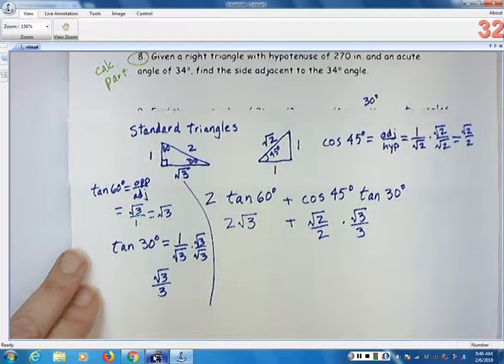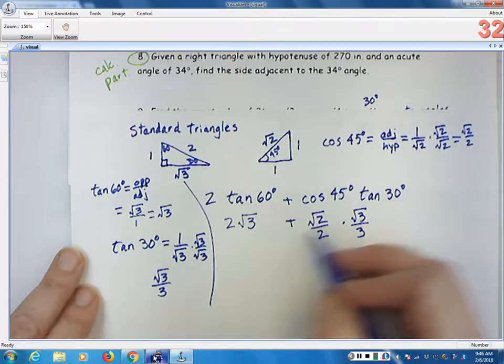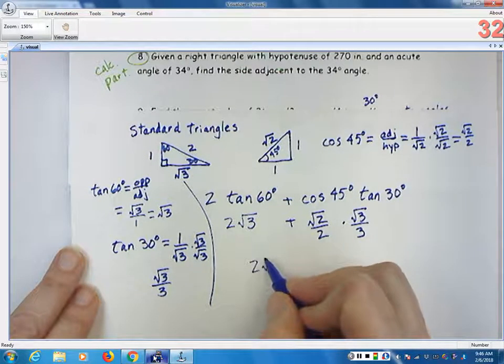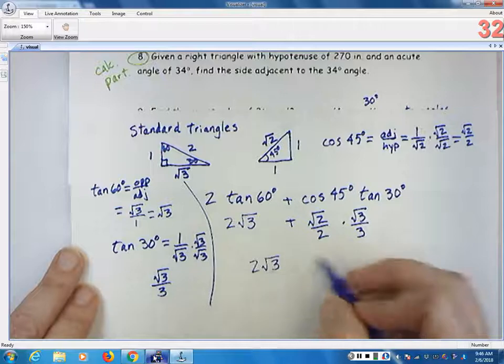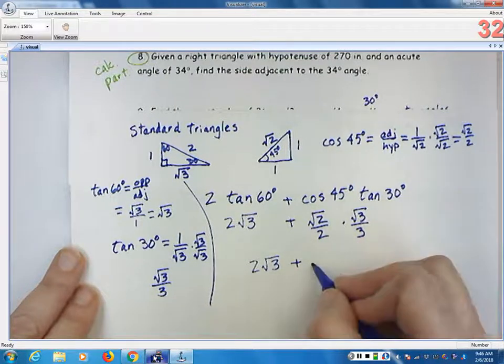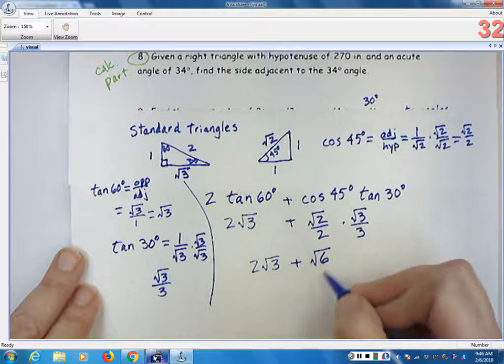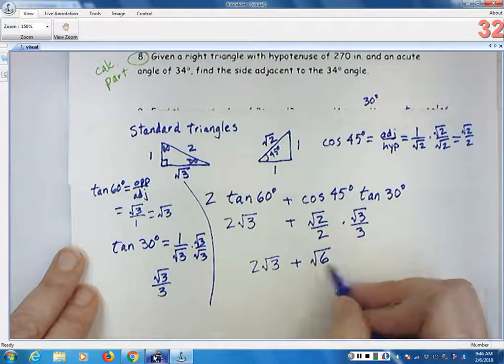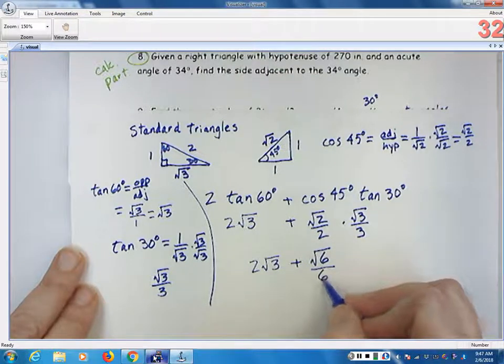Now there's a problem like this in MATLAB. Take the square root of 2 times the square root of 3, and you get the square root of 6, because 2 times 3 is 6.